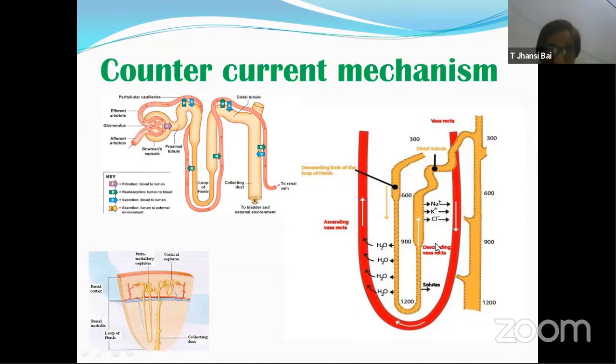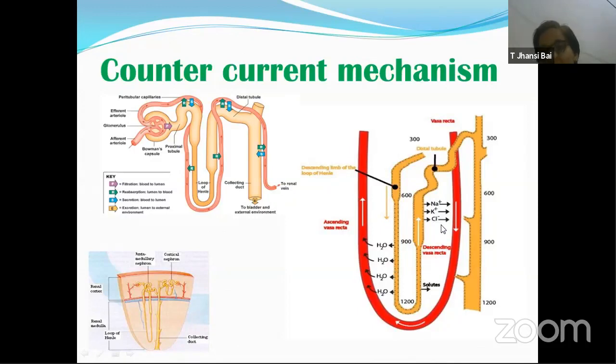Why is it needed? So that water can come out through osmosis. Why will water simply come out through this descending limb? Unless the outer interstitium has a higher concentration, it won't come out. To maintain that minimum concentration, because of which water can move out, is called osmolarity.